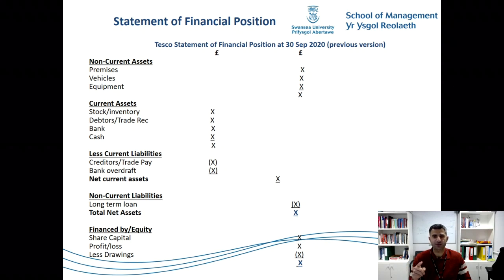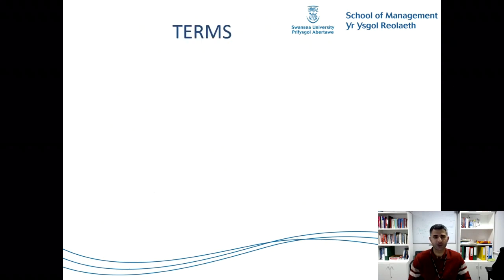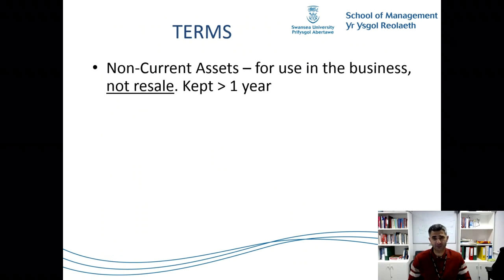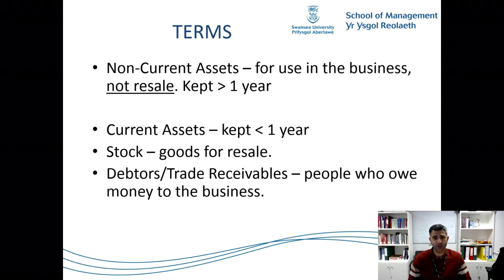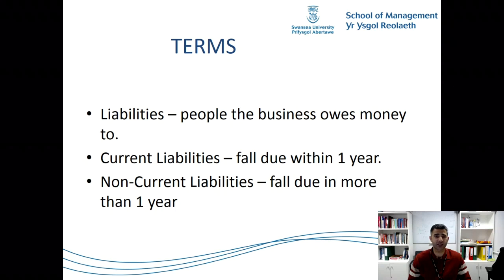Again, we go back to the accounting equation, which is assets minus liabilities. These terms we have explained: non-current assets, current assets, inventory, trade receivables, bank, cash, liabilities, current liabilities and non-current liabilities.